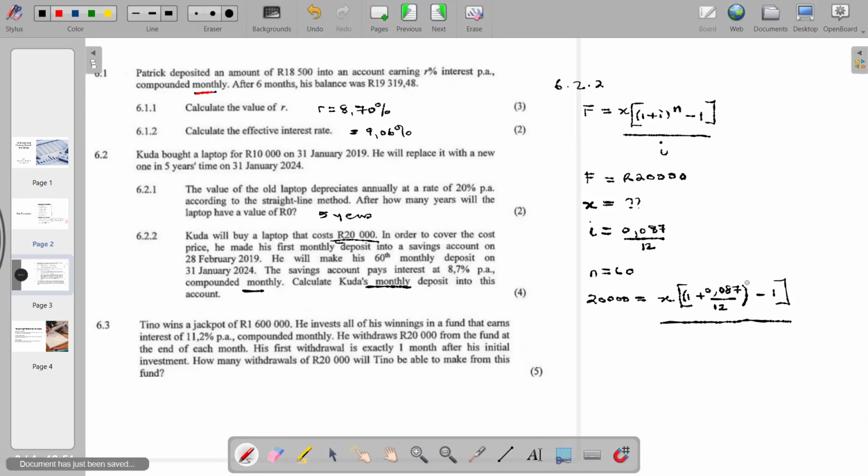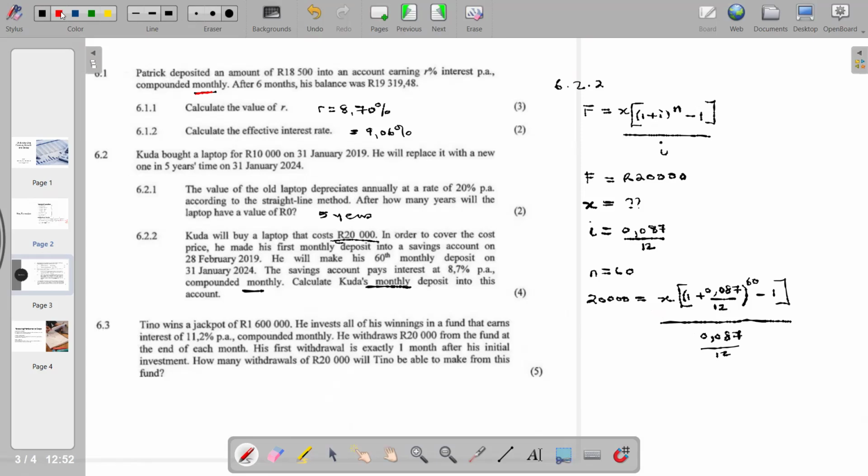Sorry, we also have the power n there, n which we said is 60. Then from there, we want to solve.